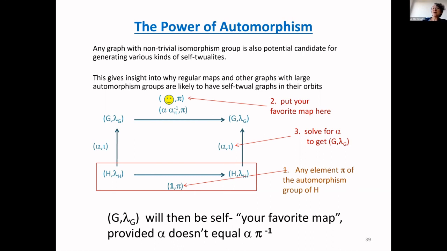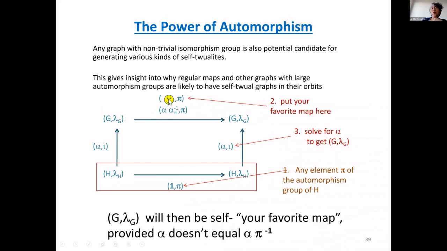So instead of down in the bottom here, fooling with the self-twualities, you can play with elements of the automorphism group. Really sweet. So down here, you take any graph at all, any element of its automorphism group, and of course, the richer the automorphism group is, the more you can play.